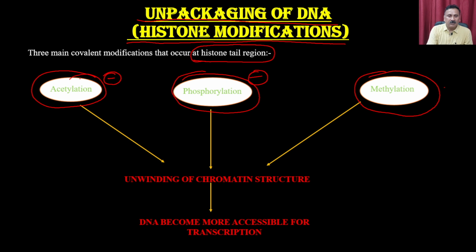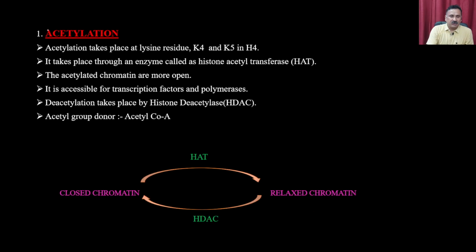So as soon as you have acetylation and phosphorylation, you are going to have the unbinding of the chromatin structures, and DNA becomes more accessible for other kinds of downstream activities such as replication, transcription and translation. So acetylation takes place at the lysine residues, K4, K5 in H4.